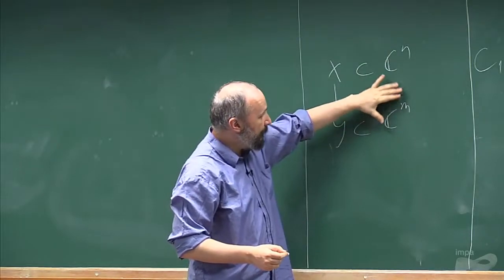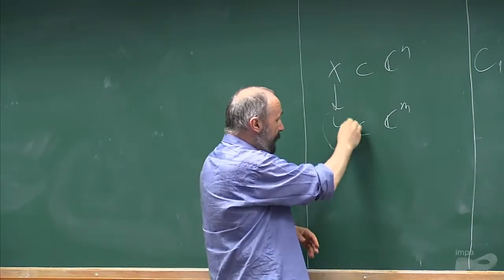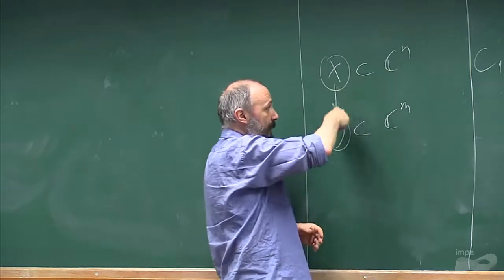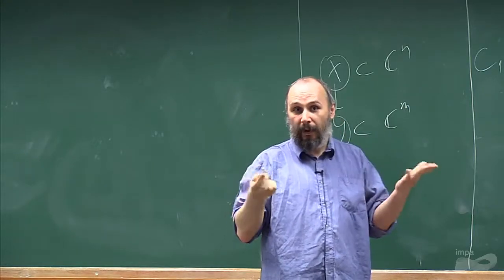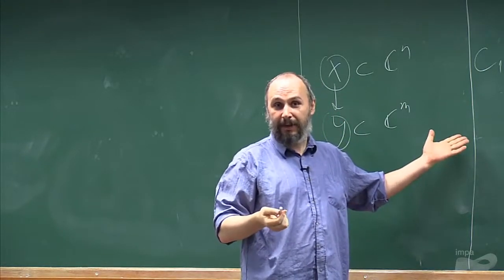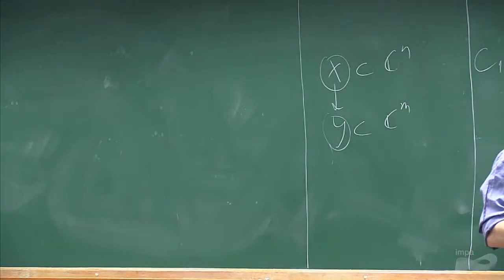You don't need this polynomial map to be on the whole Cn. No, you need it to be a bijection between these subsets. If the subset is a point, for instance, or the empty set, this is a very simple condition. So all points are equivalent by trivial maps.